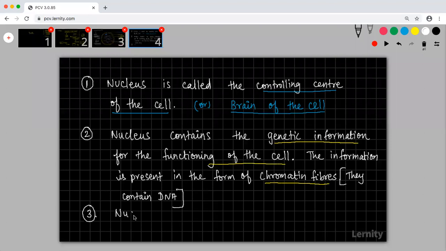The nucleus is filled with the liquid called nucleoplasm.